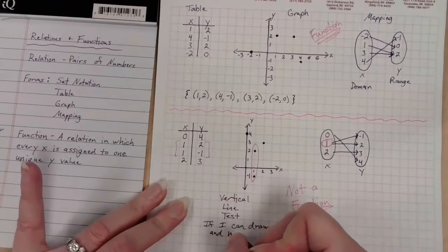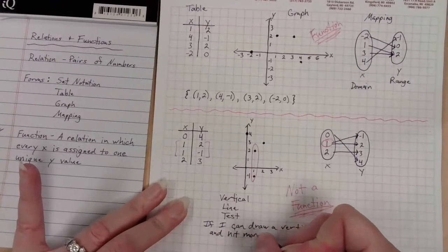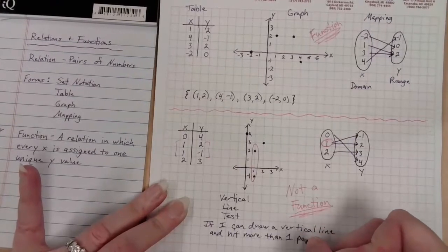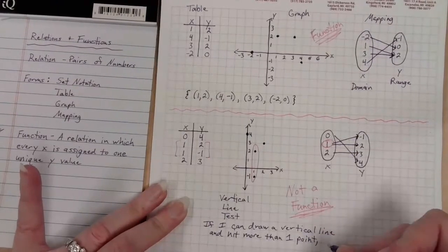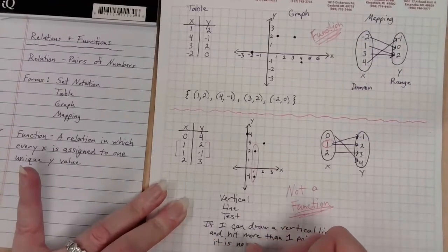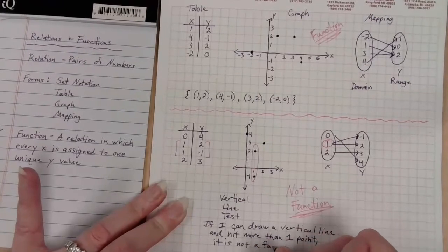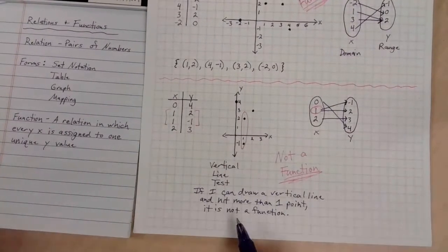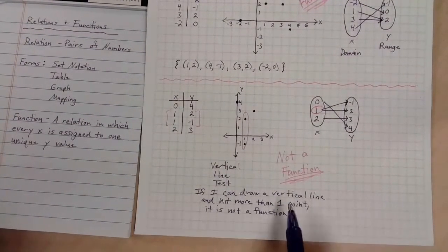All right, vertical line test slide, there we go, get a good picture of that. If I can draw a vertical line and hit more than one point, it's not a function.